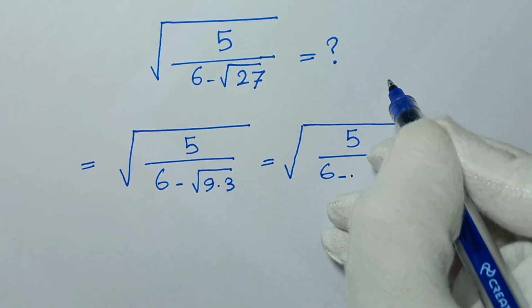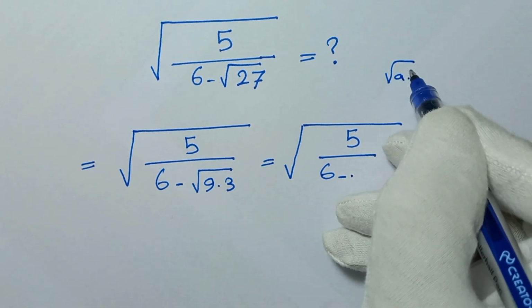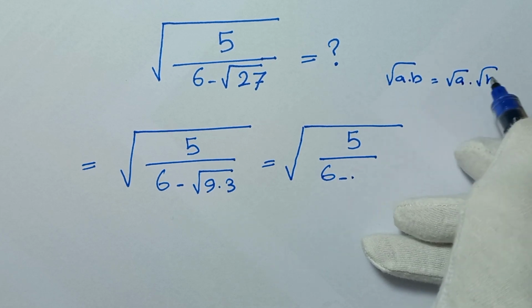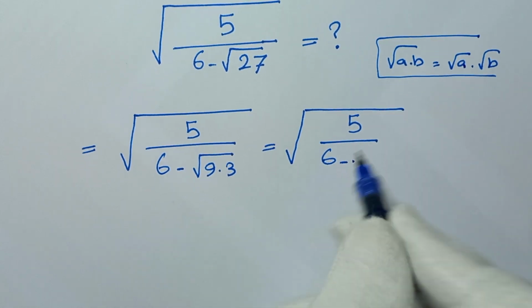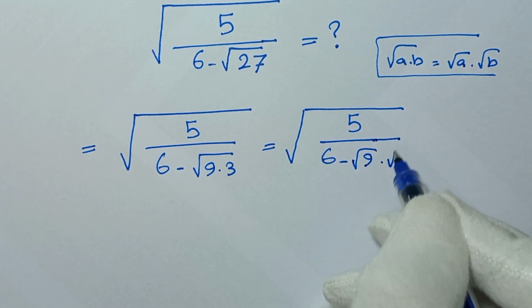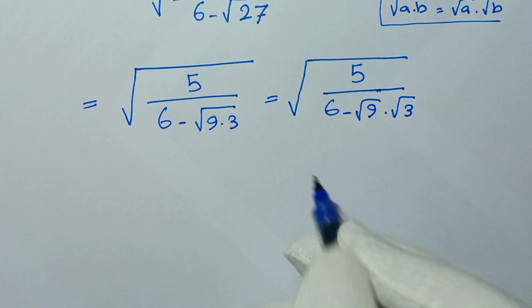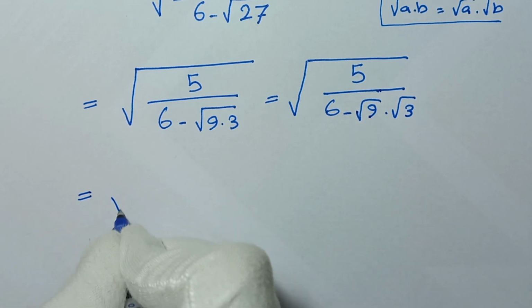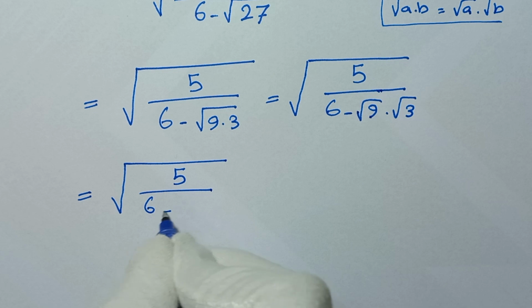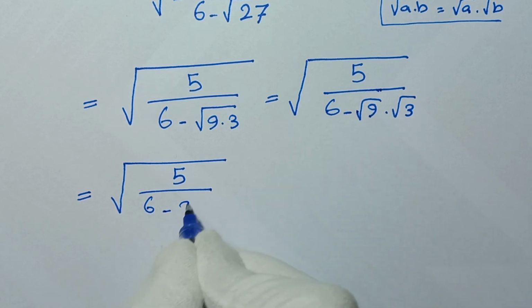As you know, if we have square root of a times b, we can write this as square root of a times square root of b. So here we write this as square root of 9 times square root of 3, and it will be square root of 5 over 6 minus 3 square root of 3.